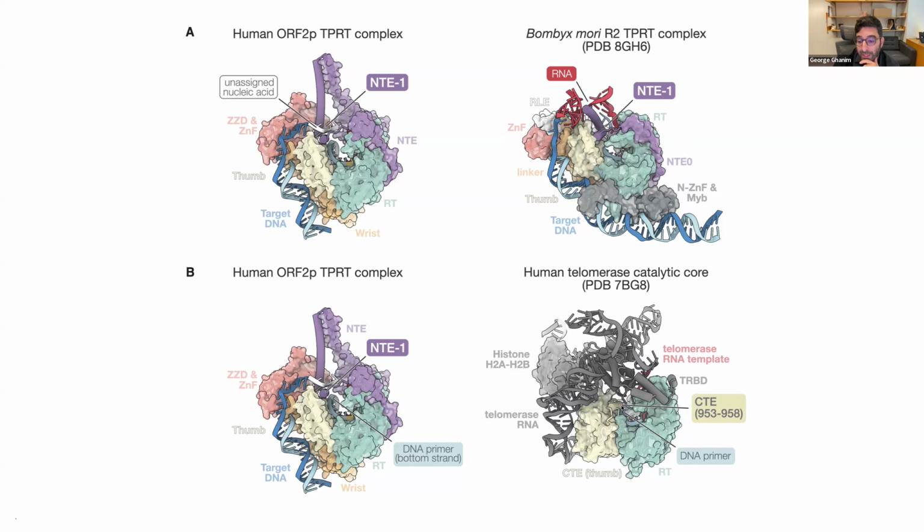And we do seem to find an analogous region in the CTE of telomerase. This kind of makes sense because telomerase is thought to have evolved from a retro element. So these parallels are quite neat. For the CTD, there really isn't one that we could find that was very apparent. There are a lot of parallels with other retrotransposable element machinery, but not with telomerase.